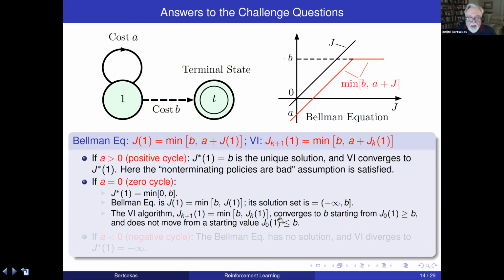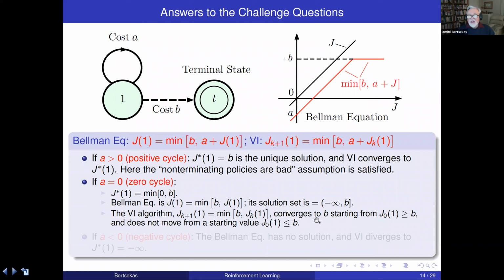Then all of the solutions of Bellman's equation are fixed points of this iteration. This iteration is not going to move if it starts at one of its solutions. So the value iteration algorithm will converge to B only if it started from initial conditions higher than B, but it will not move from a starting value less than B.